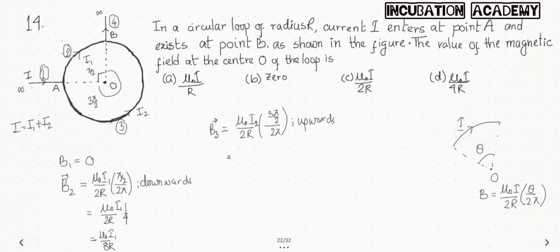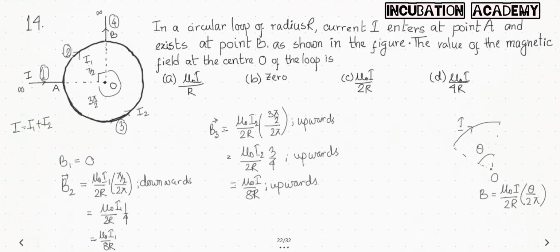So this is mu naught I2 divided by 2R, and the fraction simply becomes 3 by 4, and that is upwards. So we can say this is mu naught times 3 I2 divided by 8R, upwards.